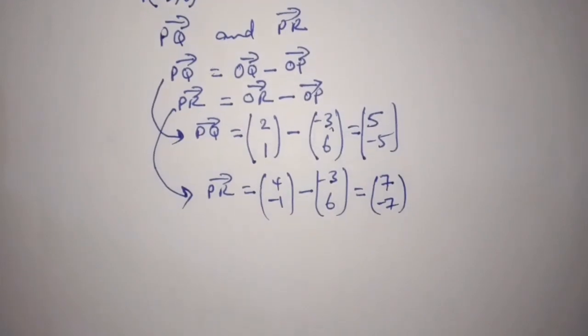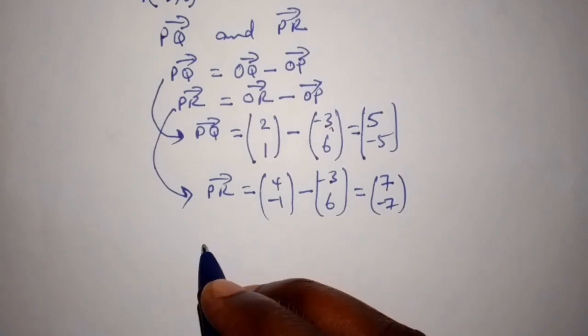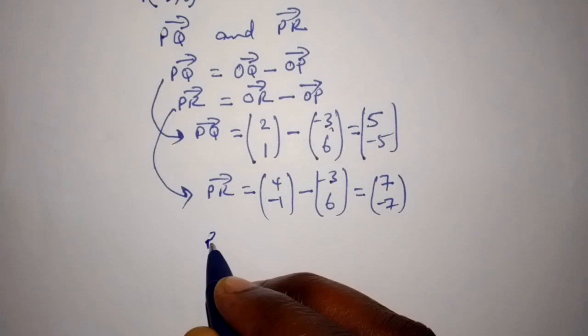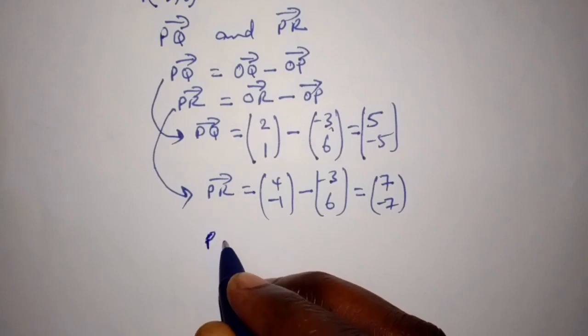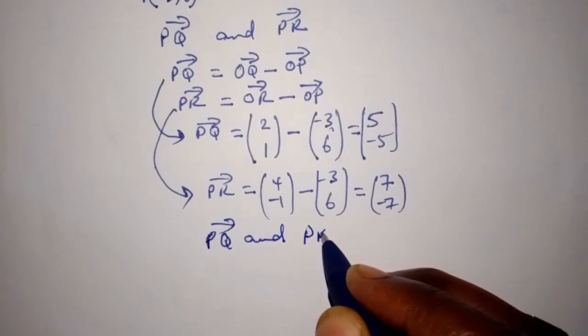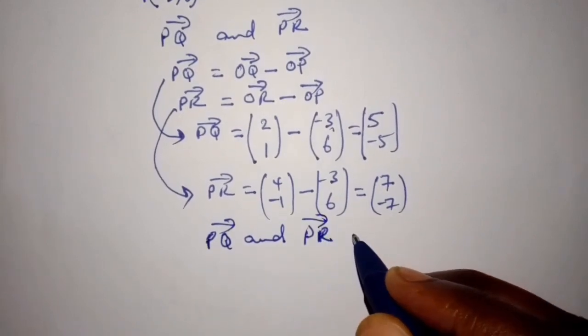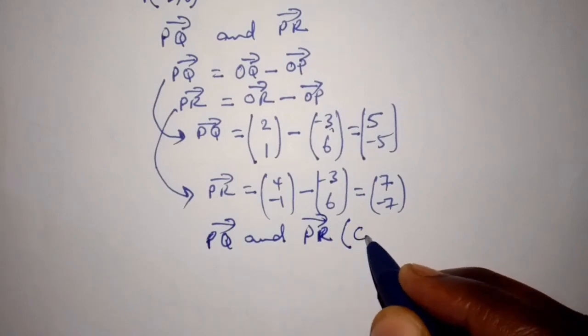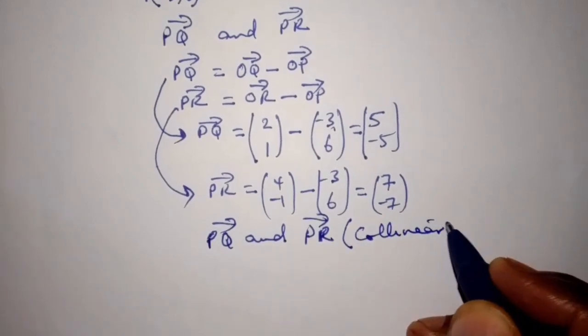We have to note that points are collinear if they lie on the same straight line. So to prove that vectors PQ and PR are collinear, how can we prove that?